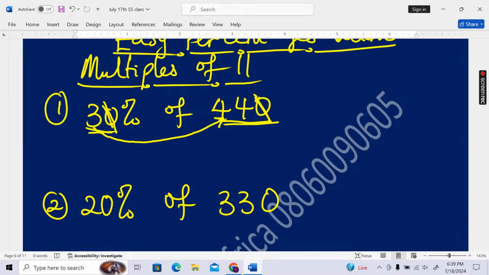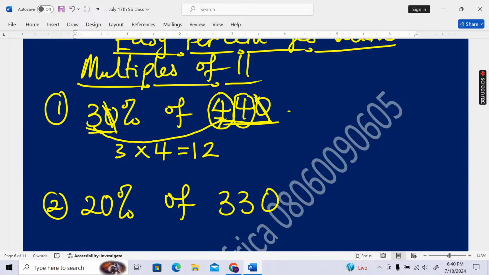Since 440 is a multiple of 11 and the digits are the same, 4 and 4, that's why we'll be multiplying 3 by only one of the digits, which is 4. So 3 times 4 is equal to 12.